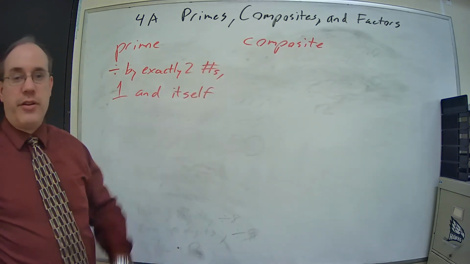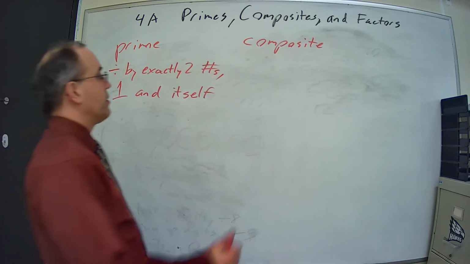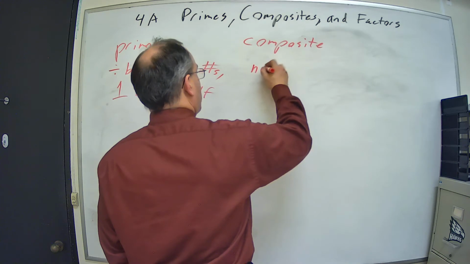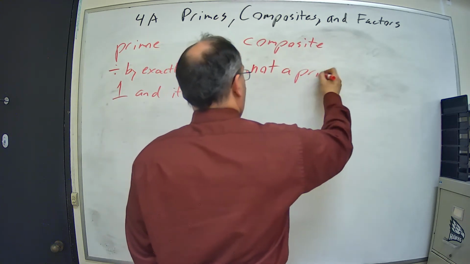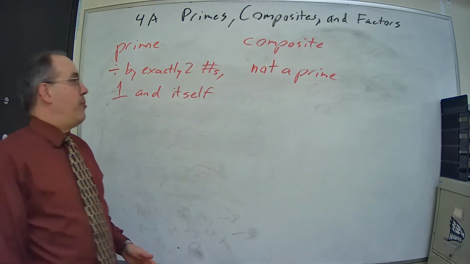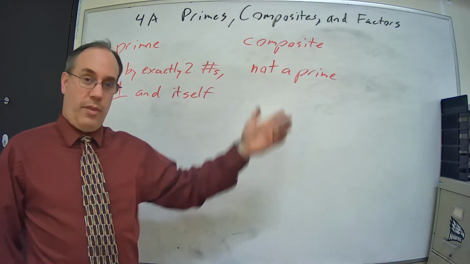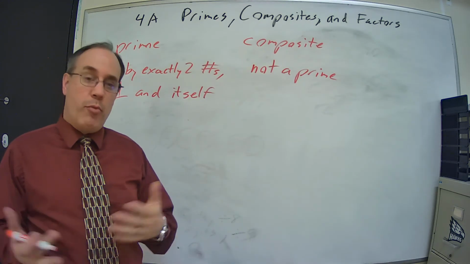Now a composite number, that's actually an easier definition. Not a prime. Any natural number that's not a prime is a composite number, meaning that it's divisible by more than two values.